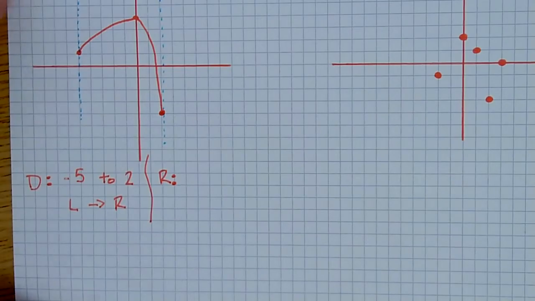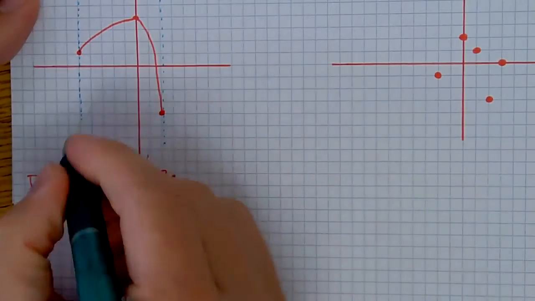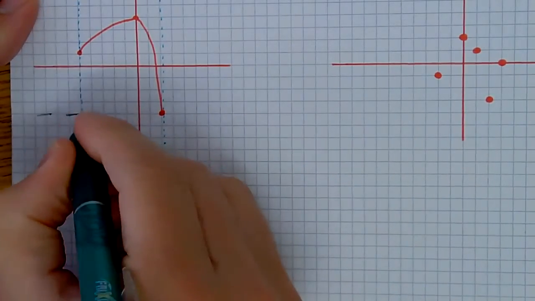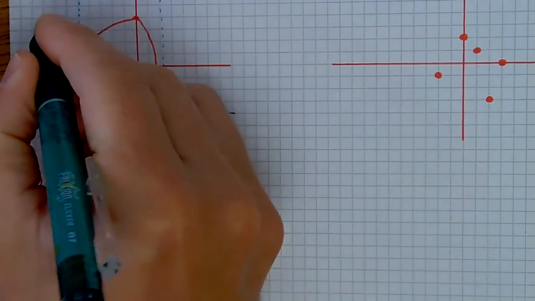Okay, range is going to be very similar, but instead of going left to right, range deals with the outputs. So we are looking at what is our lowest value and what is our highest value.